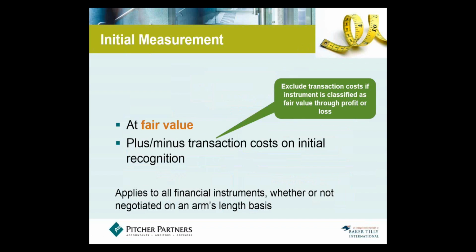Or if you've got a financial liability with transaction costs on day one, those transaction costs have to be expensed. So these are the general rules of fair value plus or minus transaction costs, and it applies to all categories of financial assets and financial liabilities except for financial instruments at fair value through profit and loss. So can you see already the category of the financial instrument determines the initial measurement.